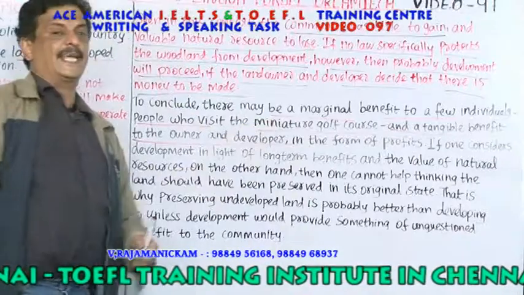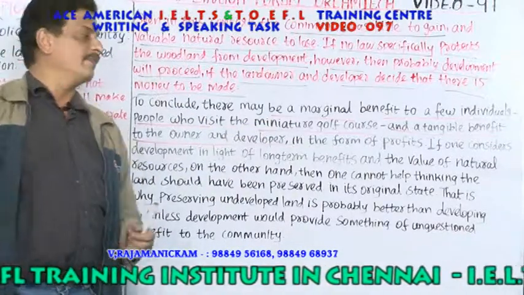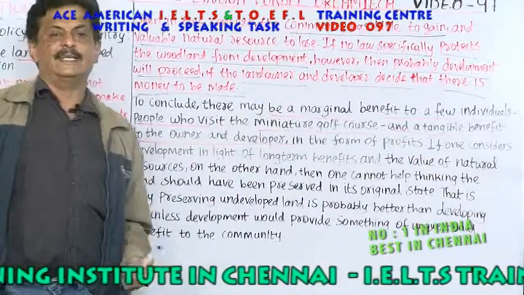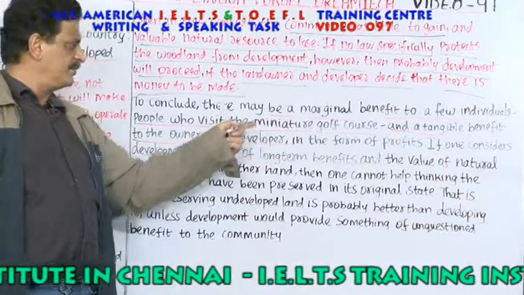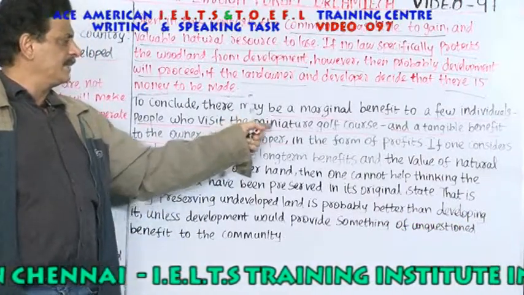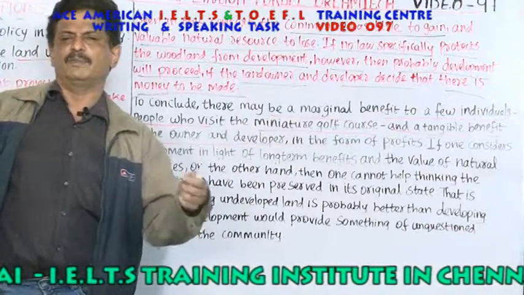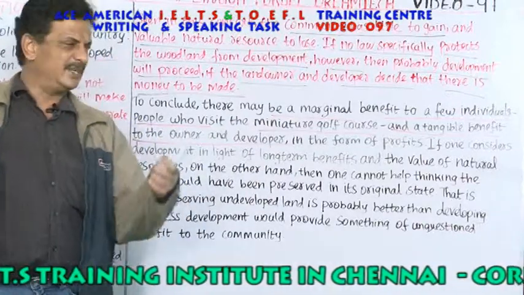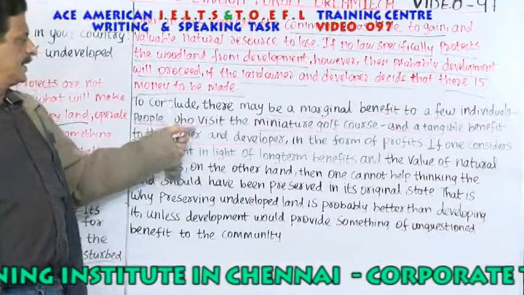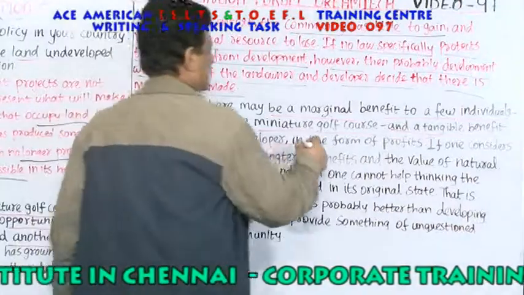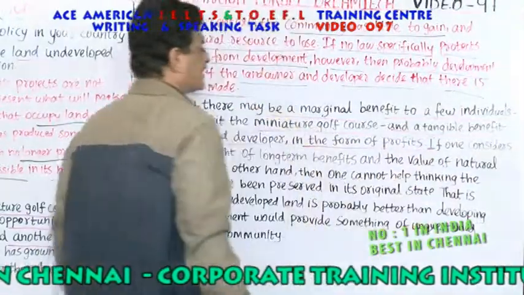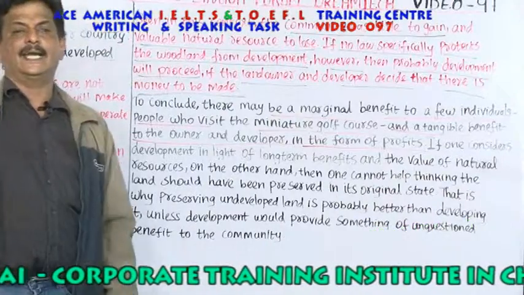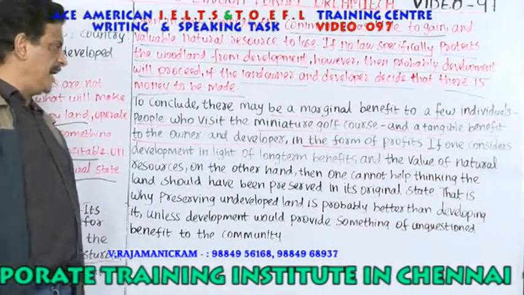Suppose 200 acres of land is left for golf, who will benefit? The seller and the buyer, plus the people who go to the miniature golf course, very few of them. Only a few benefit in the form of profits, and the seller and developer may gain some money.